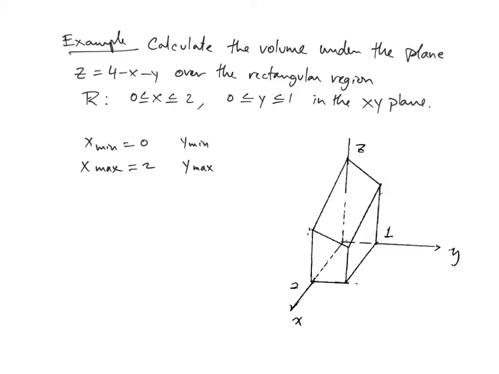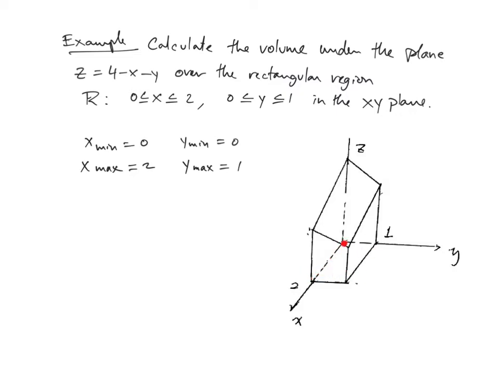Similarly, y min is always 0 and y max is always 1. That's what we're told up here for this rectangular region. And again, if I fix x at some particular value, maybe right here, and I integrate in the y direction like this, it doesn't matter if I use this x value, or this x value, or this x value.